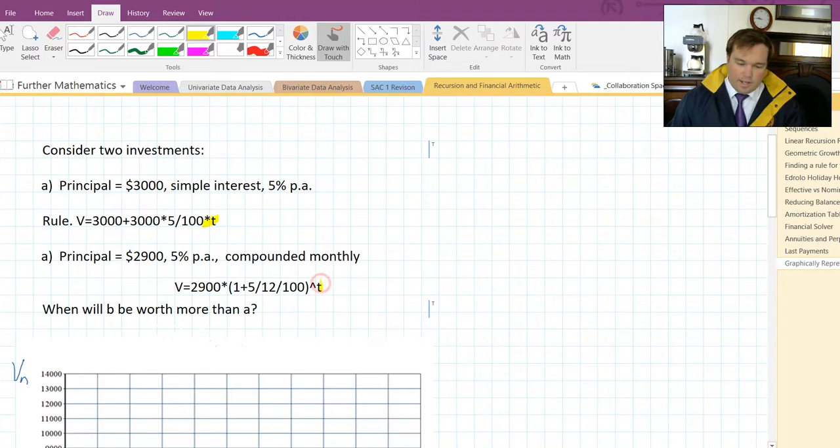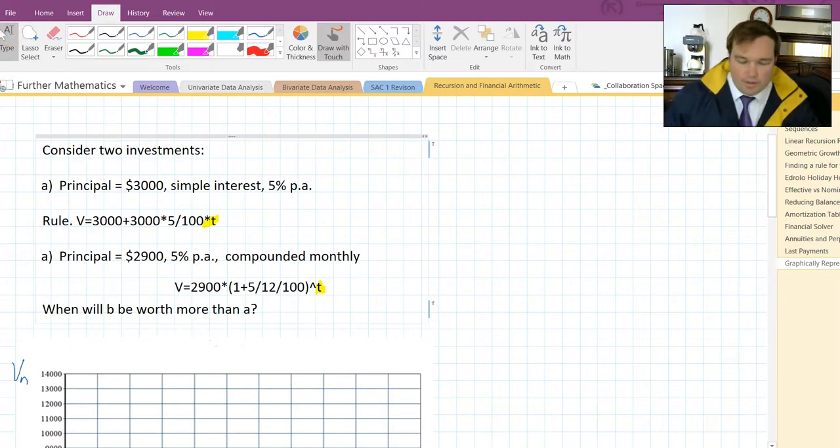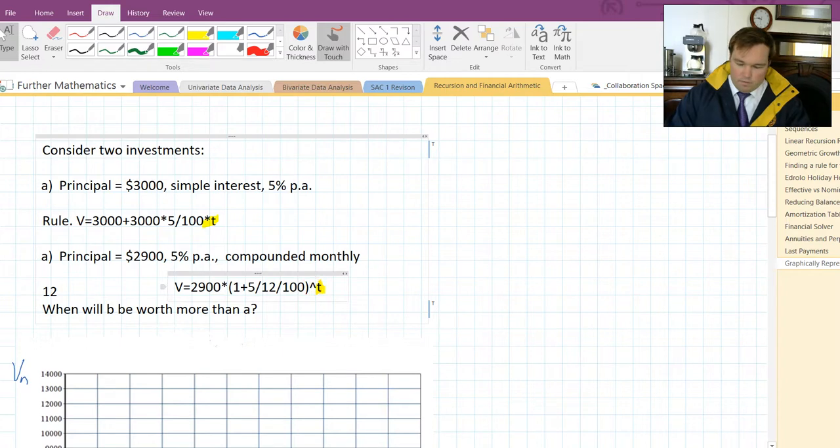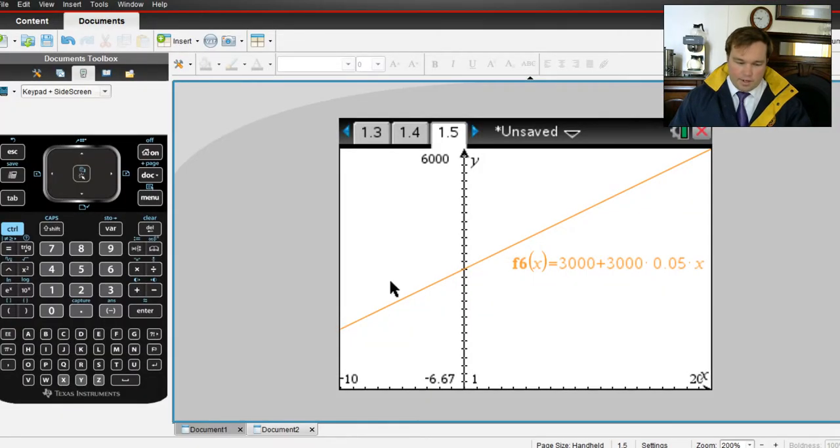So here, if that t there was just done years, it wouldn't fit on the same axis as the other one. Eventually we want to plot them both on the same axis. So what we'll do here is write 12t. Alright, and let's look at what that does on the graph.